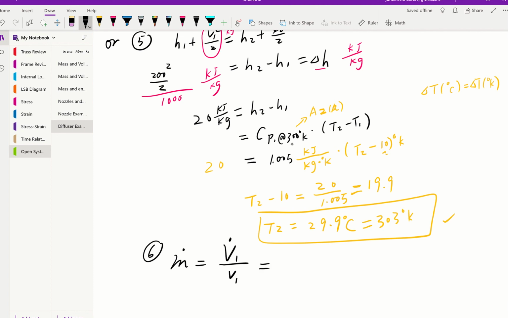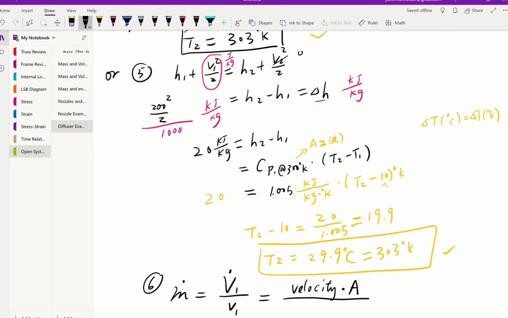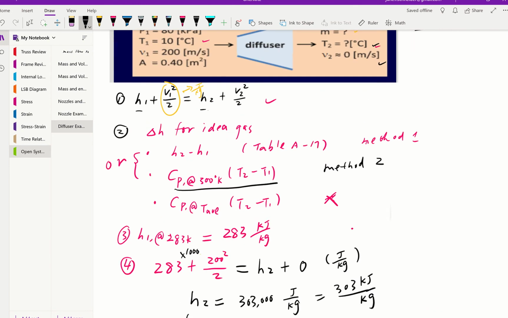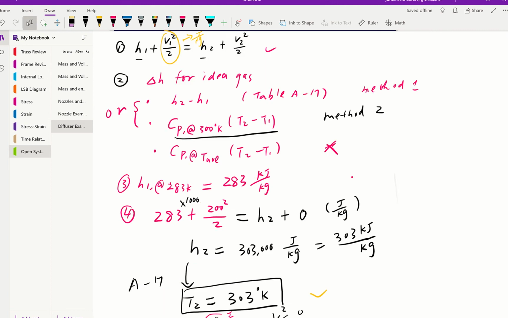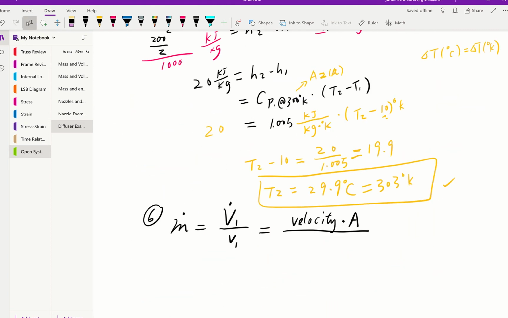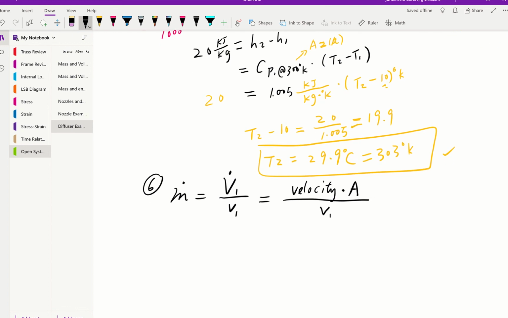The volume flow rate has a formula that's velocity times cross-section area. And specific volume, we need to find out specific volume, and this is an ideal gas.